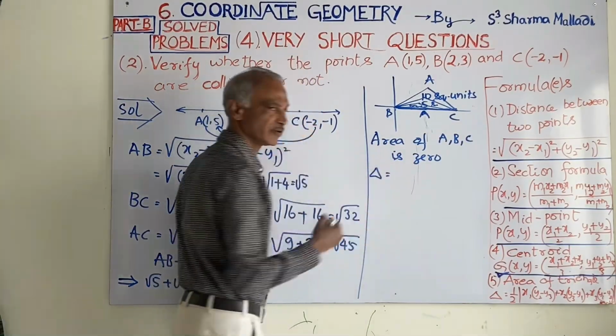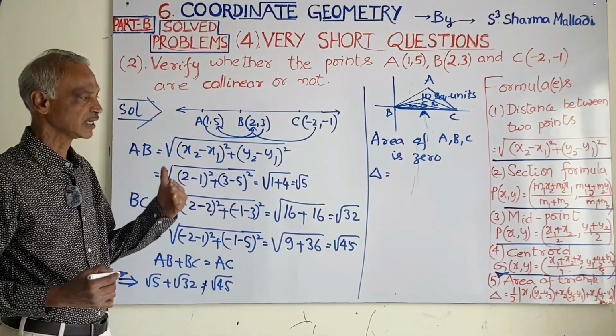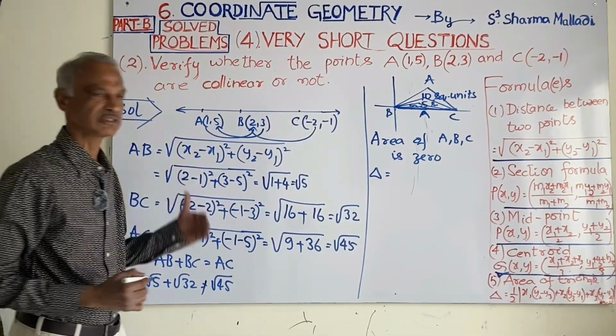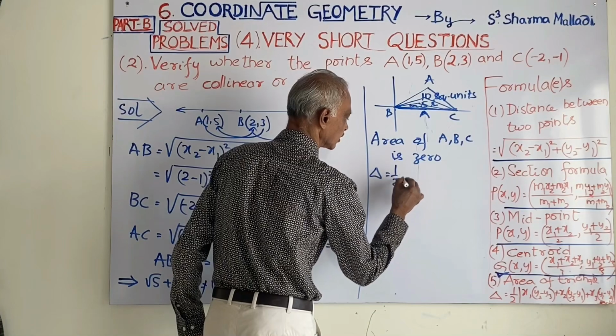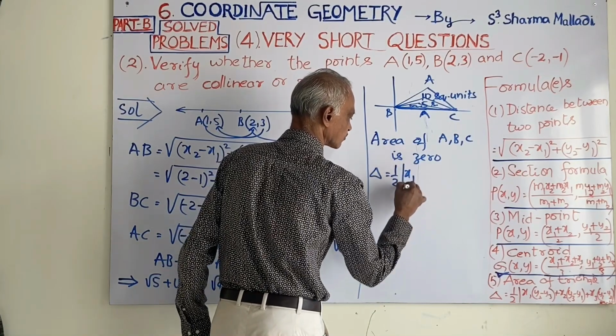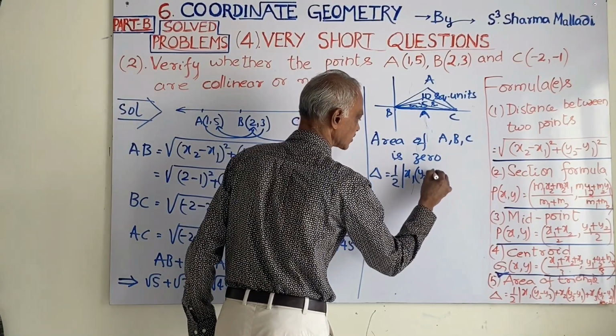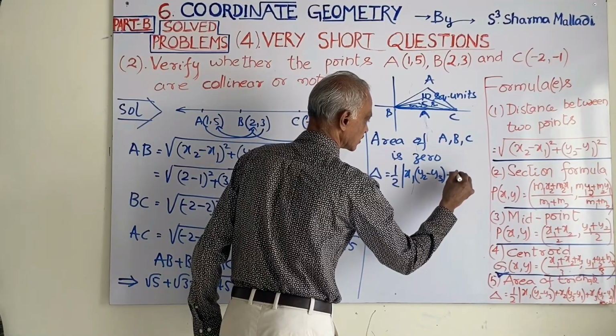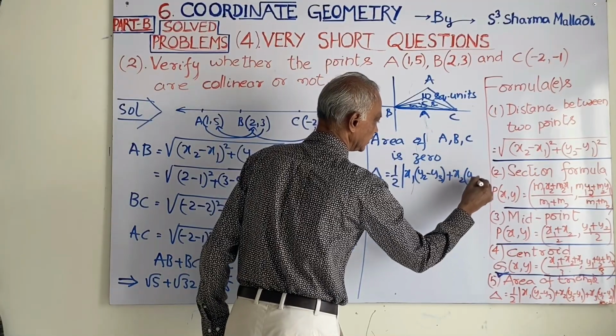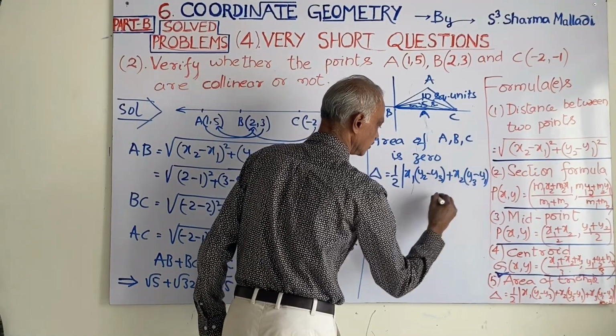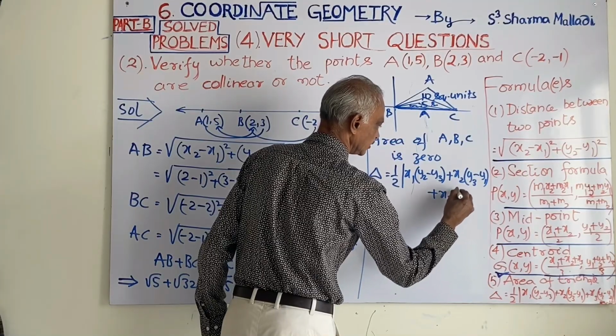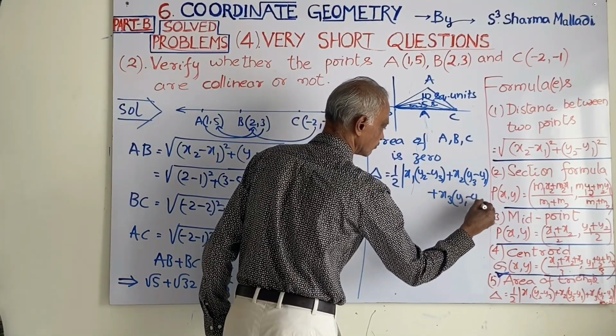What is the formula for the area of the triangle? Area equals half into x1 into (y2 minus y3) plus x2 into (y3 minus y1) plus x3 into (y1 minus y2).